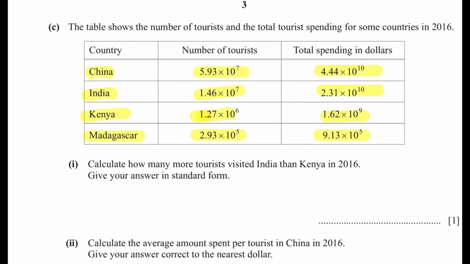Number of tourists: 1.46 into 10 to the power 7 minus 1.27 into 10 to the power 6.